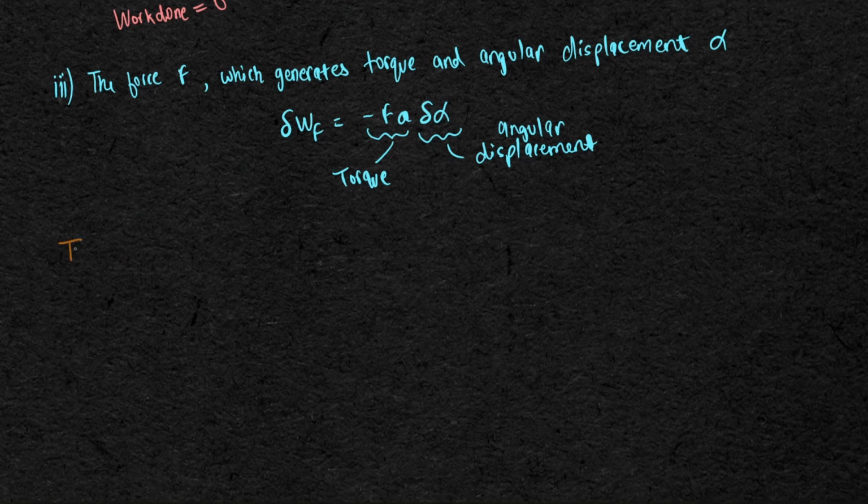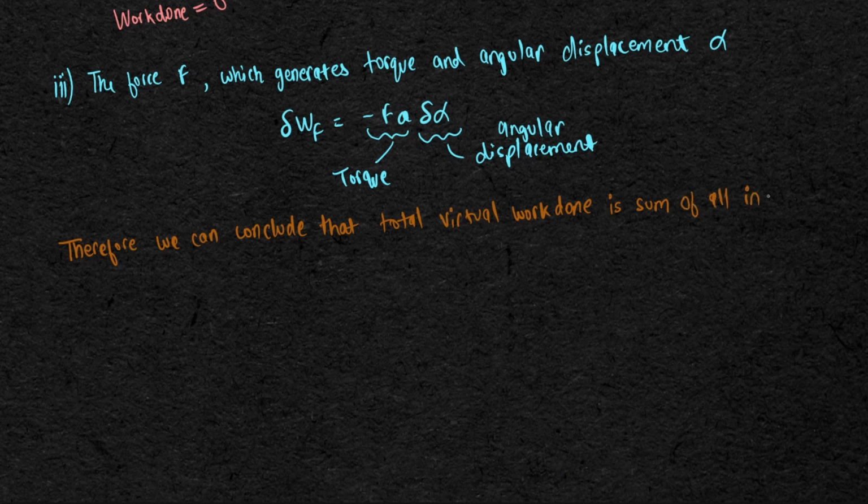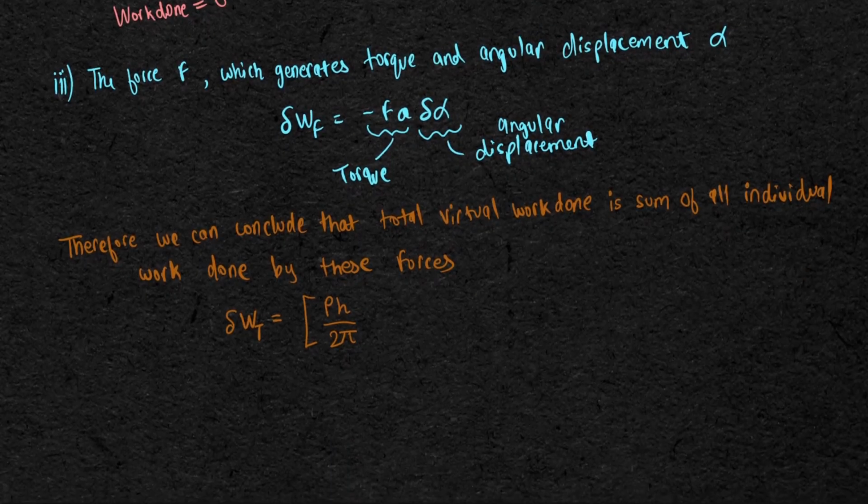Therefore, we can conclude that the total virtual work done by all the forces is the sum of their individual work done, which can then be expressed by the following expression, where Q_alpha represents the generalized force.